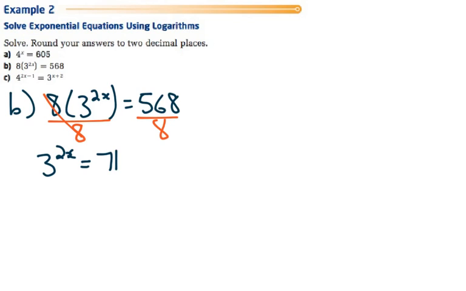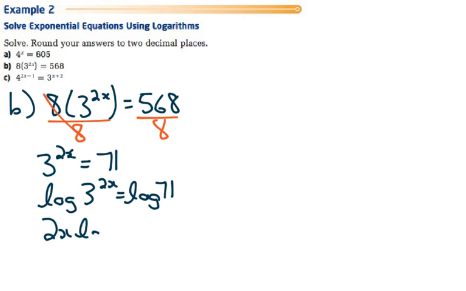So now the process goes exactly the same as in question A. We'll log both sides. Use that law to bring the exponent down out front as a coefficient.